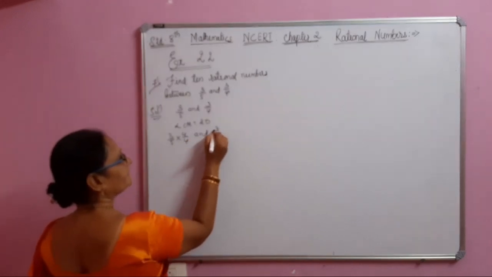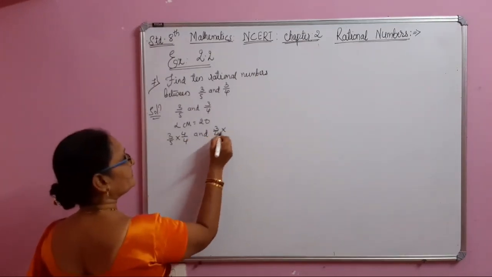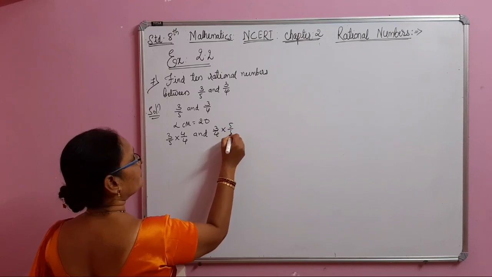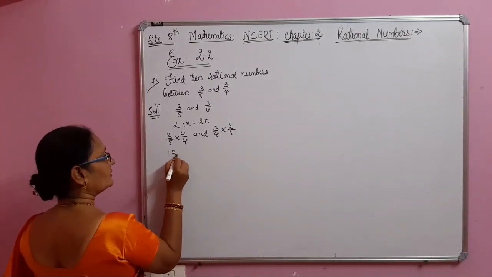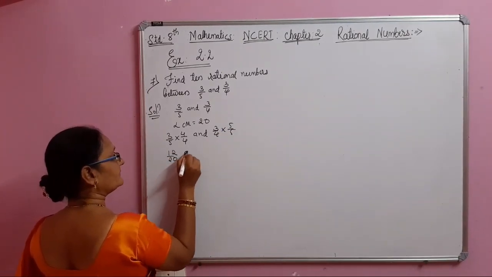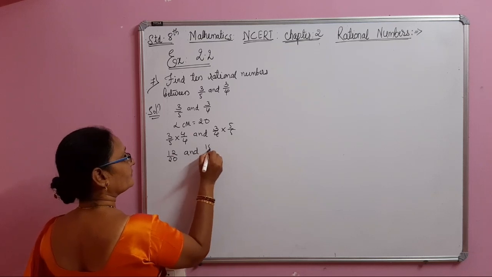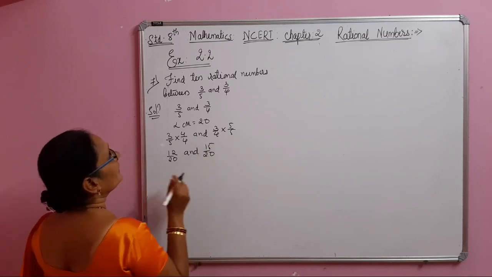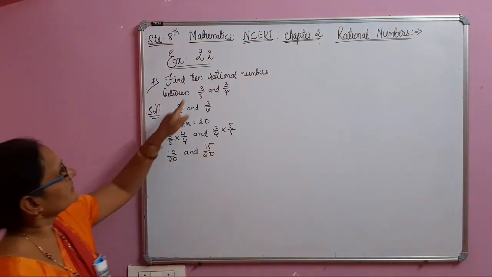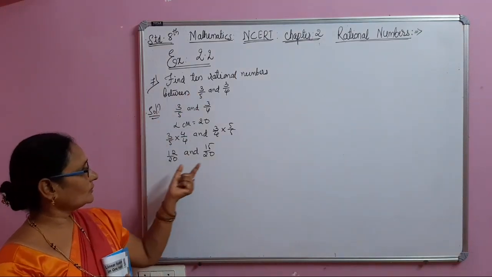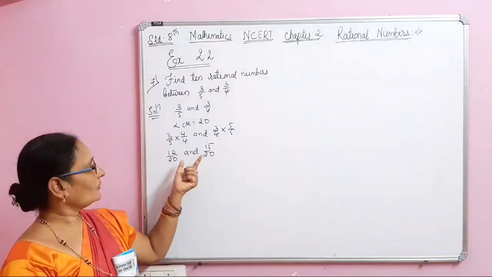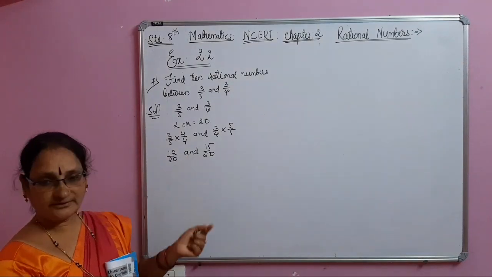And 3 by 4, how to make it 20? By multiplying by 5 by 5. So 12 by 20 and 15 by 20. Now how many rational numbers do we have to write? 10 rational numbers. From 12 to 15, only 13, 14 we will get.